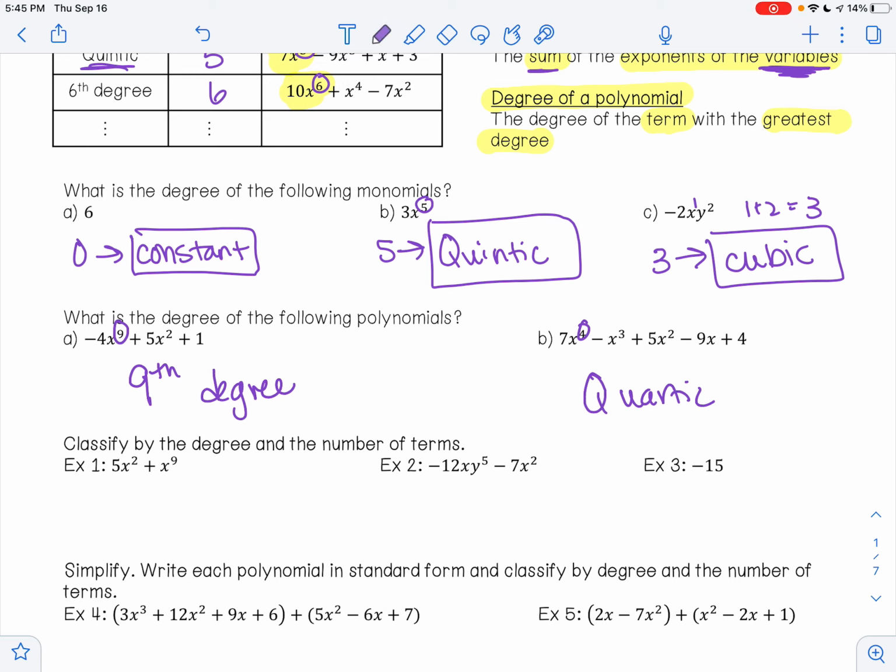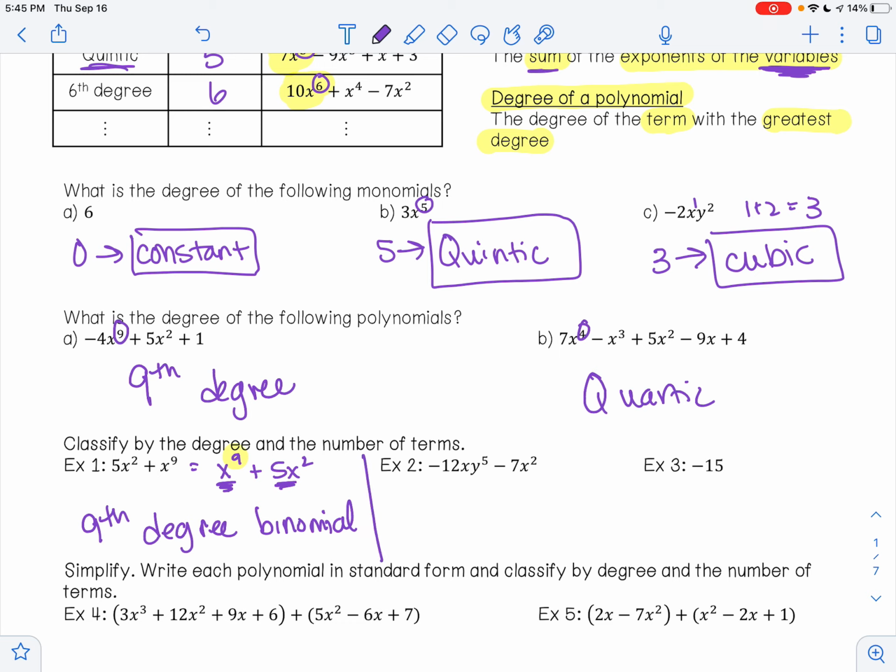If it helps you, rewrite this in standard form. So I have x to the 9th plus 5x squared. My highest degree is 9. So this is a 9th degree binomial. This is a binomial because it has 1, 2 terms.